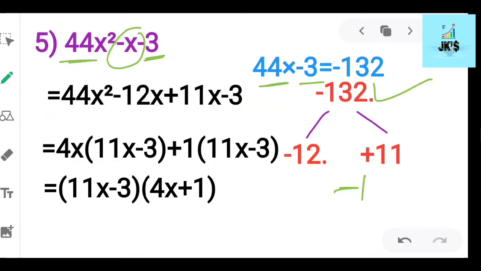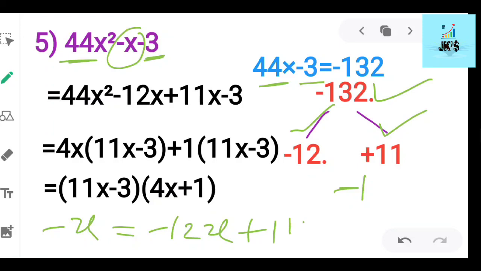So those factors are minus 12 and 11. The sign of the middle term is given to the greater one, and the opposite sign is given to the smaller one. So minus 12 plus 11. This minus x is written as minus 12x plus 11x. When we add this, the answer is minus x.